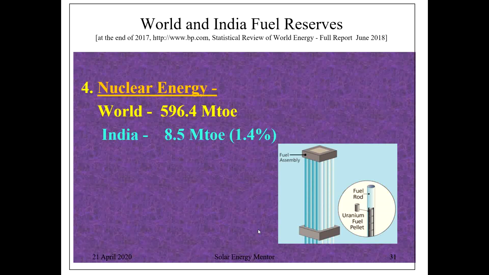Opponents such as Greenpeace International and Nuclear Information and Resource Service contend that nuclear power poses many threats to people and the environment. The economic cost of nuclear power accidents is high, and meltdowns can take decades to clean up.